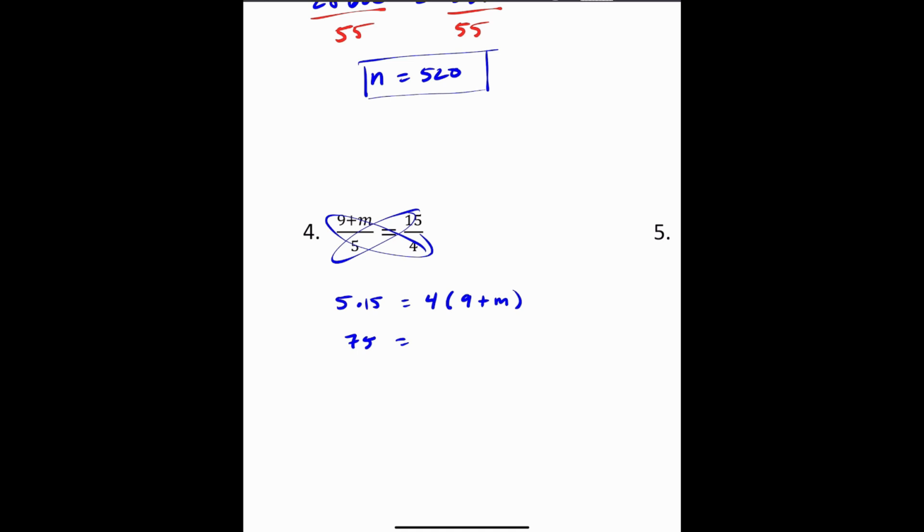And then here, I take this 4 and distribute to each term. So I have 4 times 9, that's 36, plus 4 times m, that's 4m. Now I'm going to subtract both sides by 36. 75 minus 36 is 39. Equals 4m. Then I divide both sides by 4. So I have m equals 39 over 4.